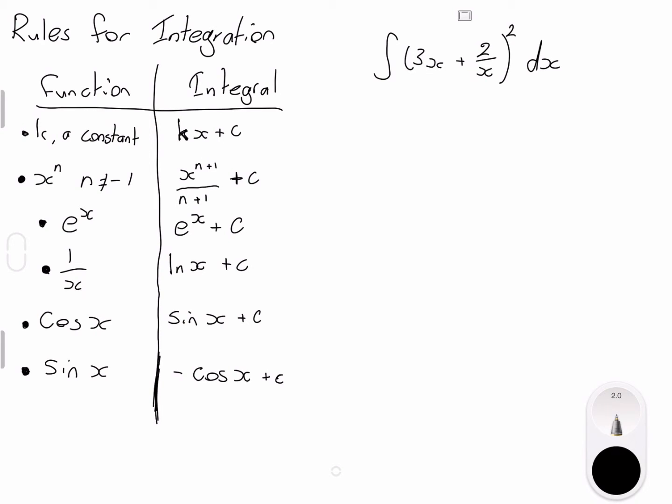Alright, the first thing we've got to actually do, because there's no quotient or product rule, or in this case there's no product rule for integration, we've actually got to expand this out first.